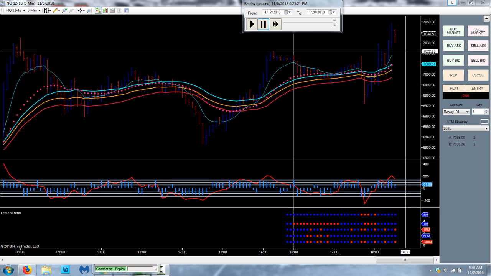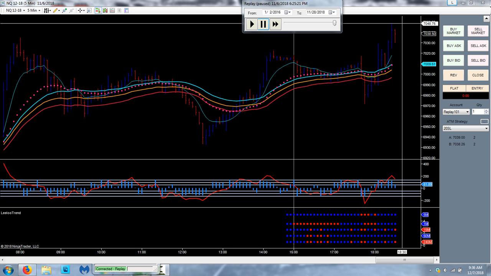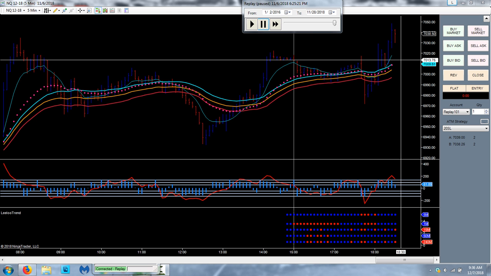Okay, yeah, no, they're not fully confirmed yet. We want to see this 21 pushing up even a little higher. And then what will we look for once that 21, if it does indeed push back up a little higher onto the 34 or above officially, what will we look for to take the trade? Anybody? Okay, yeah, exactly. A red bar pullback.